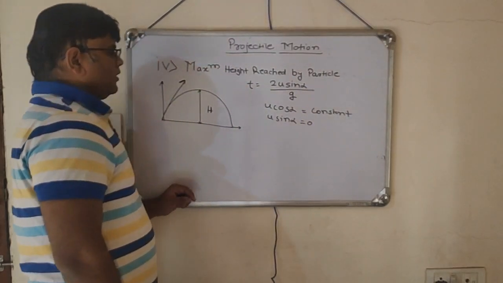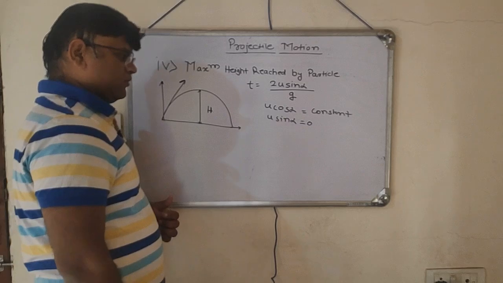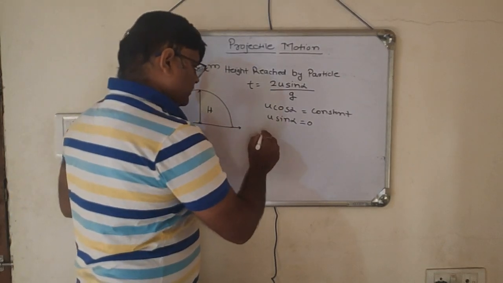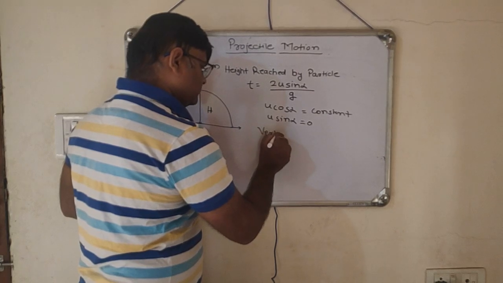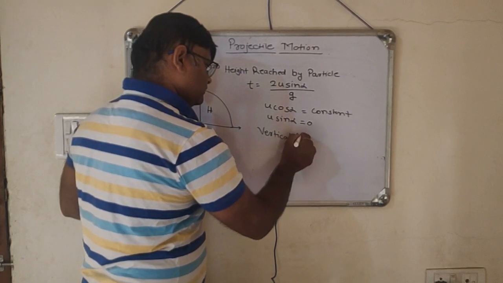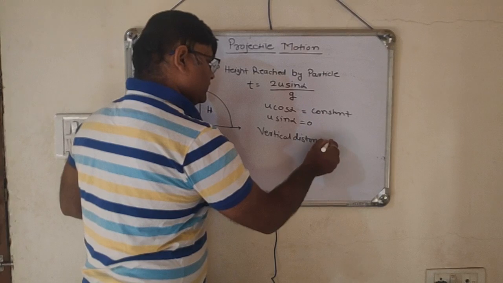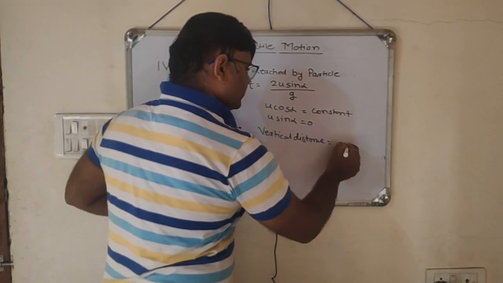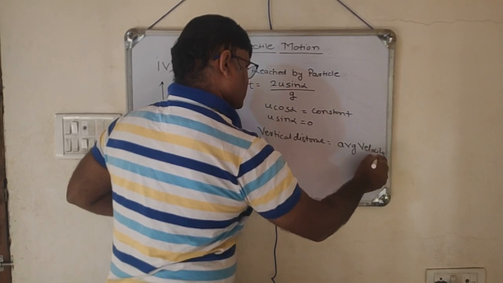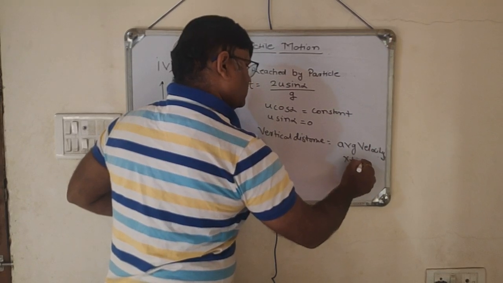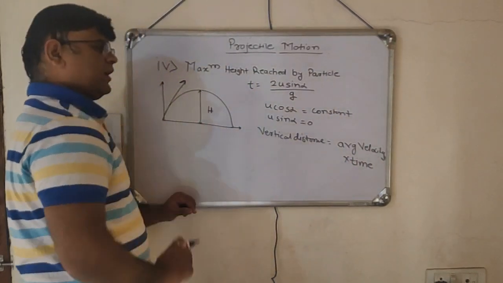Okay, now how will I calculate this particular maximum height? So I can say this vertical distance, which is your maximum distance, is equal to average velocity into time to reach this particular height.